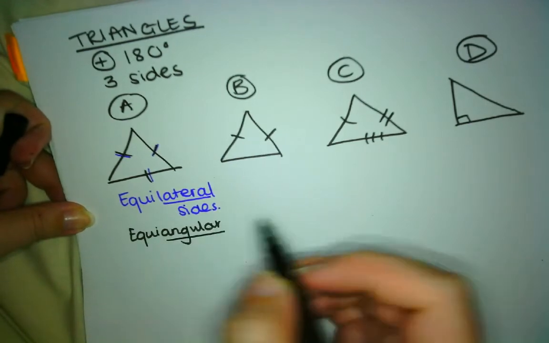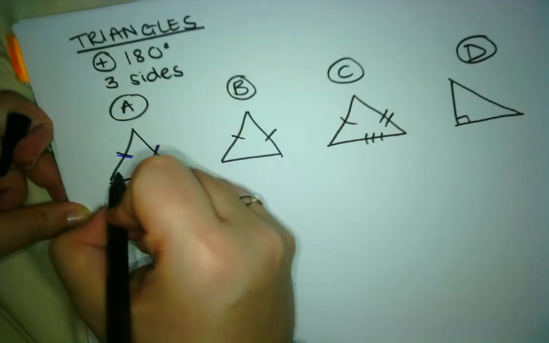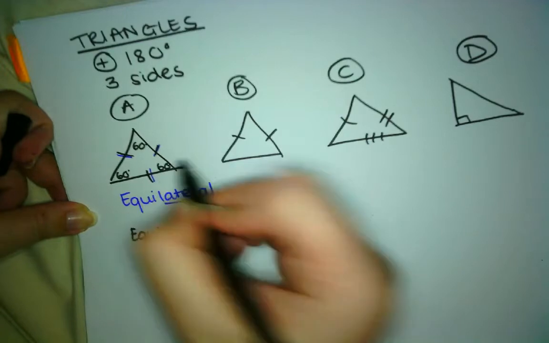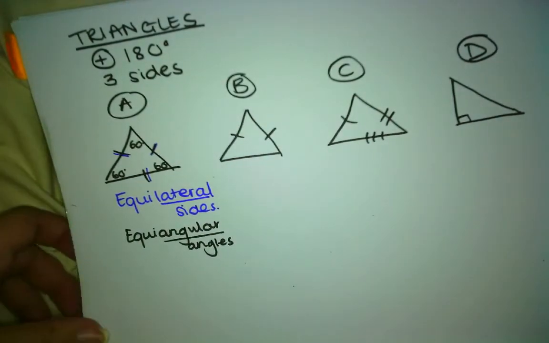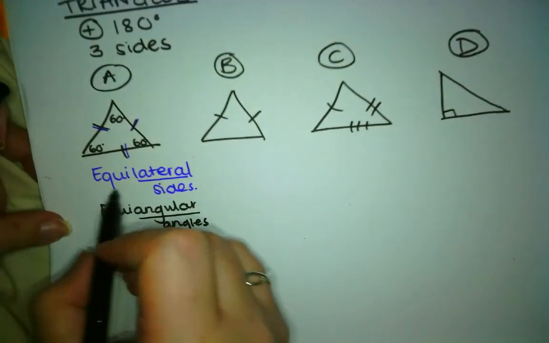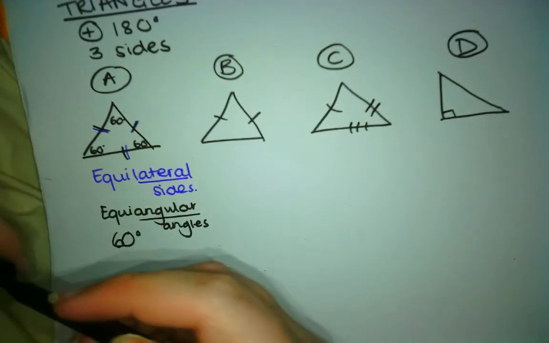Those are all your angles, so that means that all the angles are the same. So that's 60, 60, 60. Remember I explained in the other video why it is important that those are 60 degrees. So in an equilateral triangle, they will all be equal angles of 60 degrees.